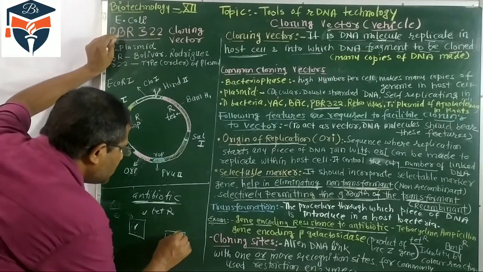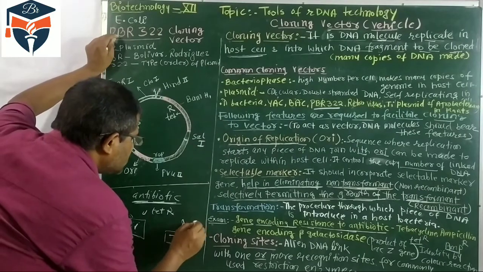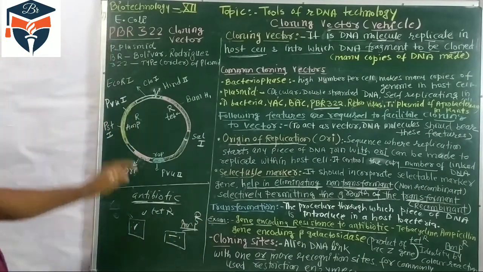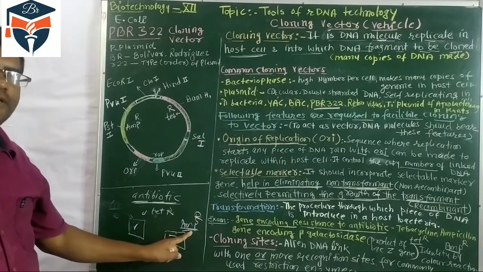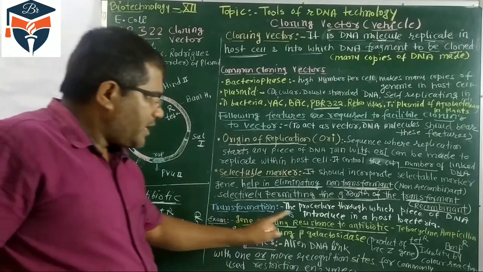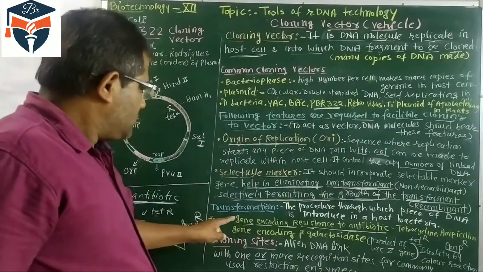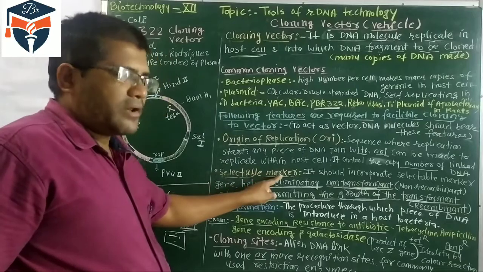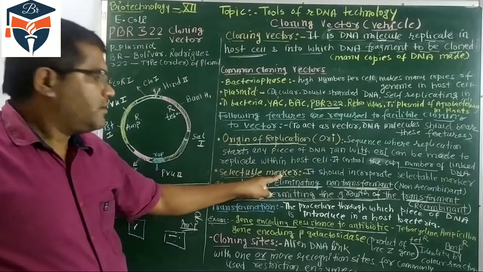If there is an ampicillin antibiotic, and a gene which is not affected by ampicillin, these are called the tetracycline resistant gene and the ampicillin resistant gene. So the tetracycline resistant gene and ampicillin resistant gene are selectable markers.